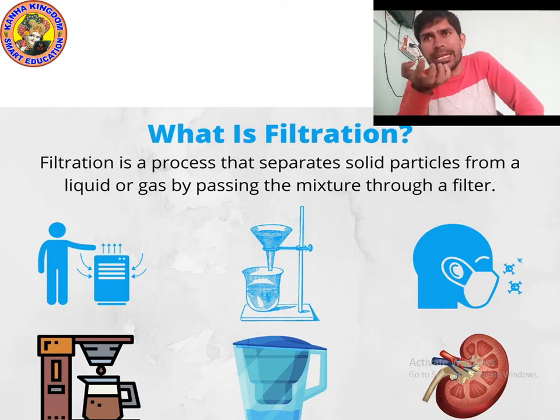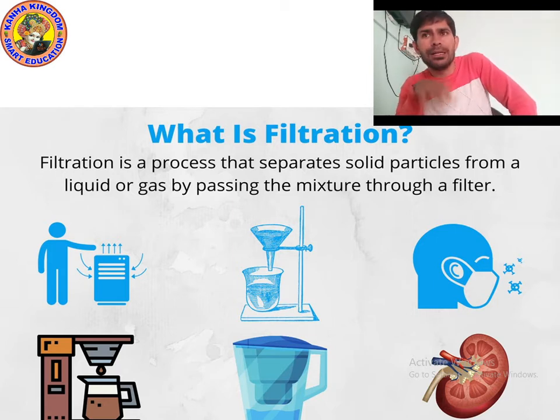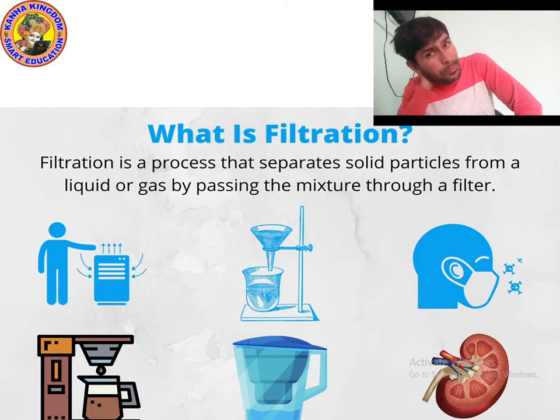So we take an empty beaker, and we take a funnel. In the funnel we put the filter paper, and the funnel is kept in the beaker. Now suppose we have one more beaker which contains impure water. This impure water we slowly pour into the funnel.